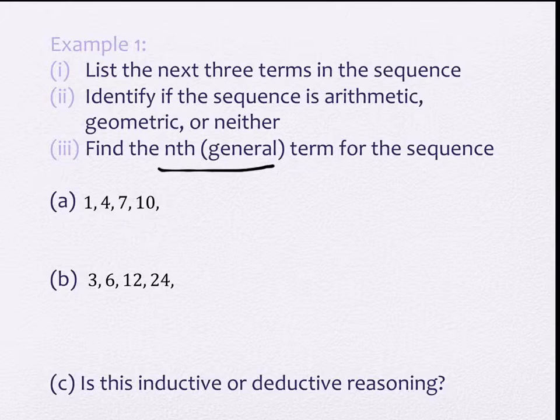So I'll talk through that. The first 2 parts are pretty straightforward. So take a moment, ignore part C, we're looking at A and B, finding numbers 1 and 2. I want you to write down the next 3 terms in your sequence. I want you to decide if the sequence is arithmetic or geometric. And I want you to look at a neighbor and confirm that you and that person have the same thing. Okay, so go ahead and take a couple minutes and do those parts.